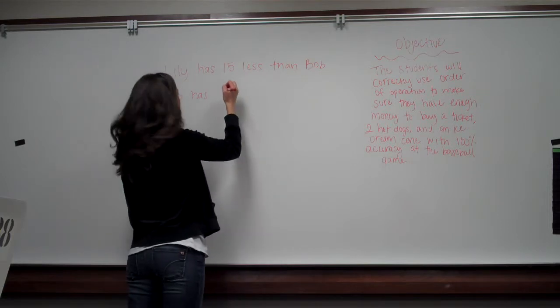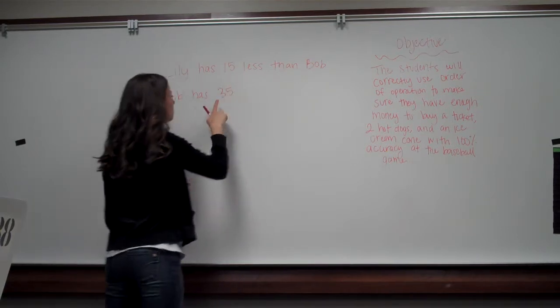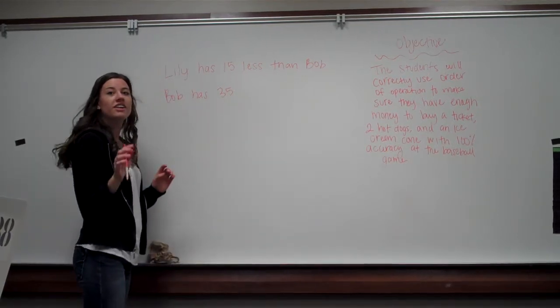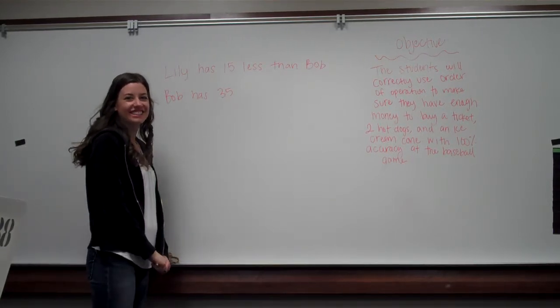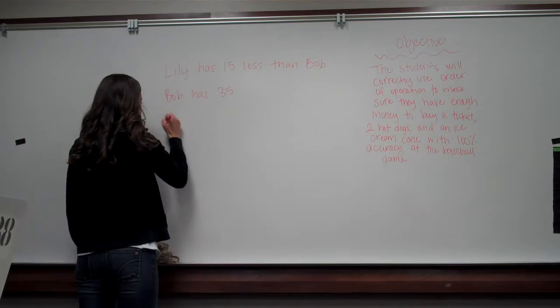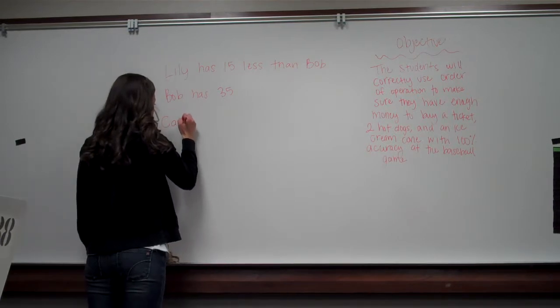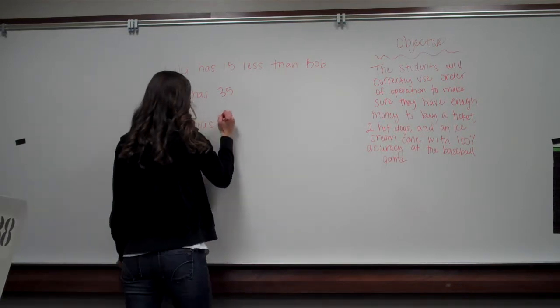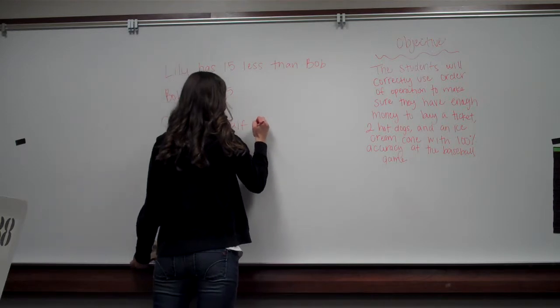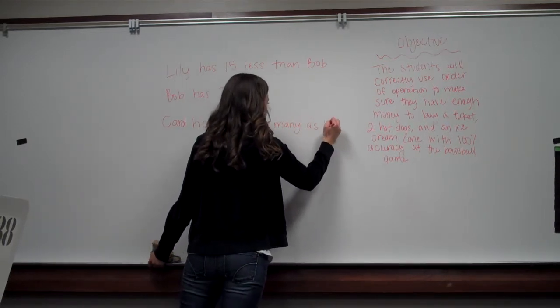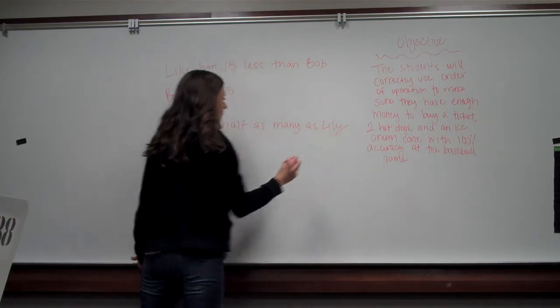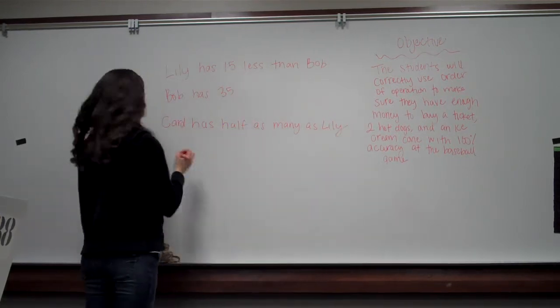Okay, so before... Wait, I'm not done. Okay, go ahead. And then Carol scores half as many points as Lily. And we want to know how many points Carol scored.